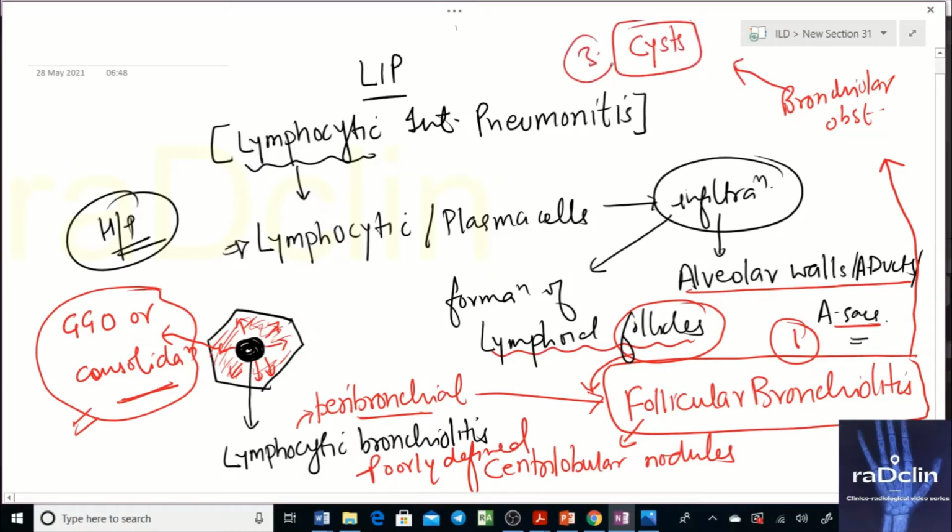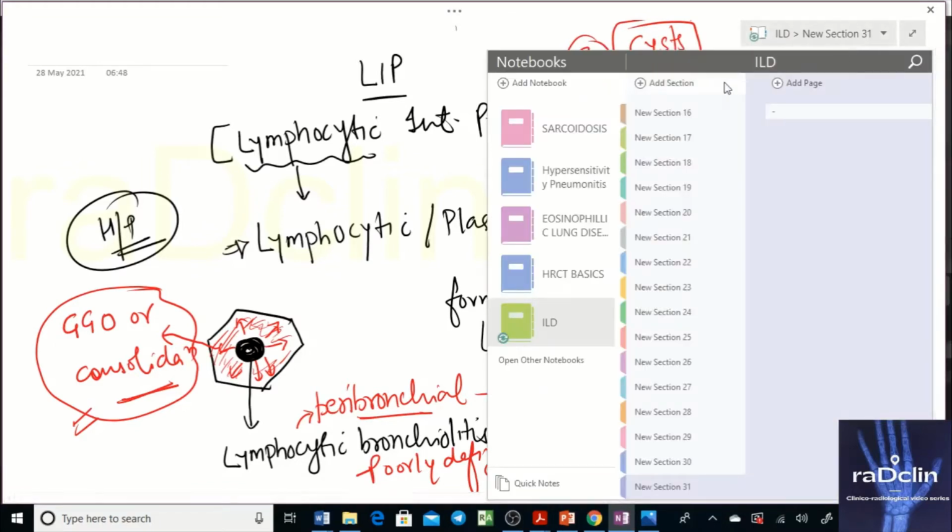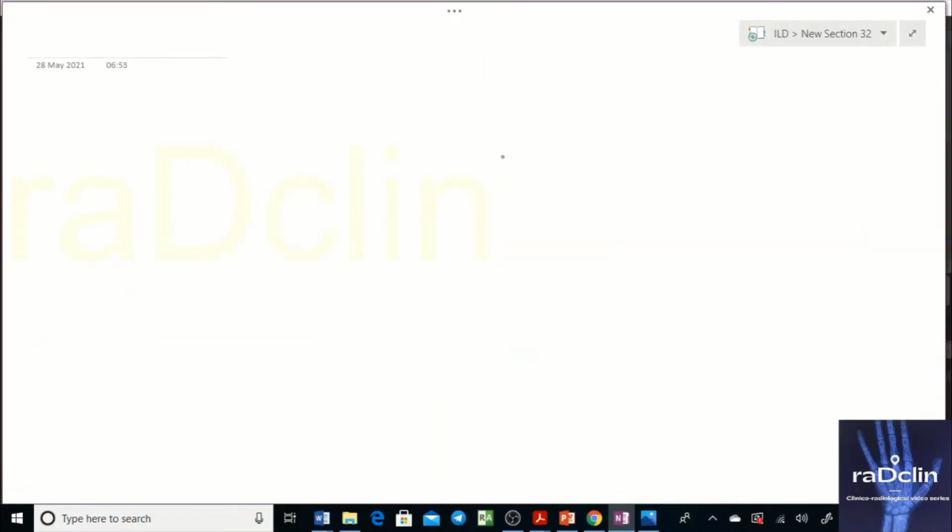Cysts can be present. So we have three patterns. We understood the histopathology of LIP: lymphocytic infiltration in multiple areas of the lobule, and on that basis you have either follicular bronchiolitis, diffuse or patchy GGOs or consolidation due to airspace infiltration by lymphocytes, and third, cysts.